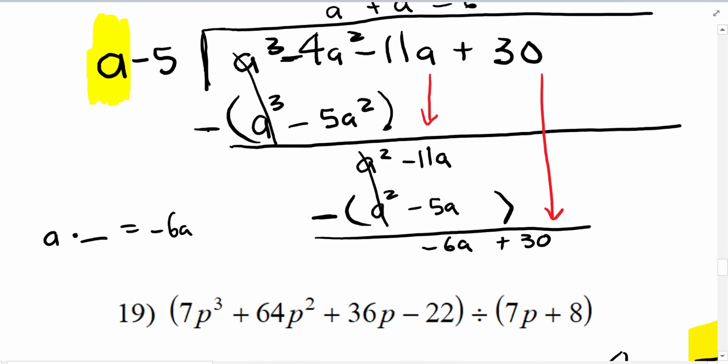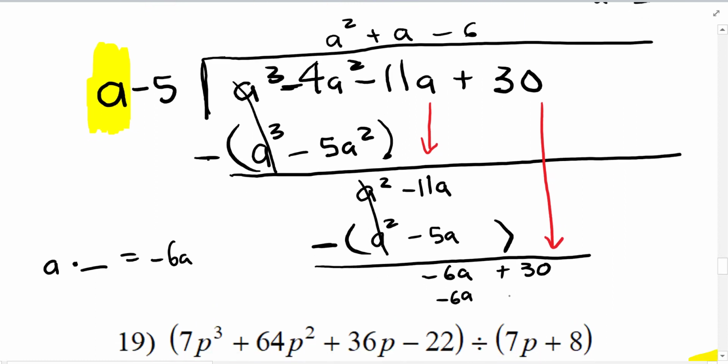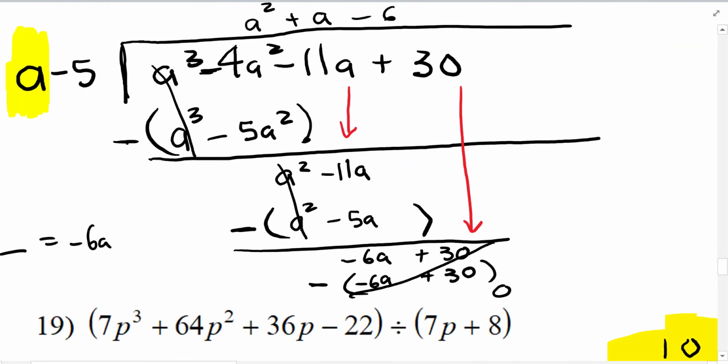So negative 6 times a is negative 6a, and negative 6 times -5 is positive 30. Oh, look at this whole thing subtract itself. 0 is the remainder. And I want to show you something really, really cool.